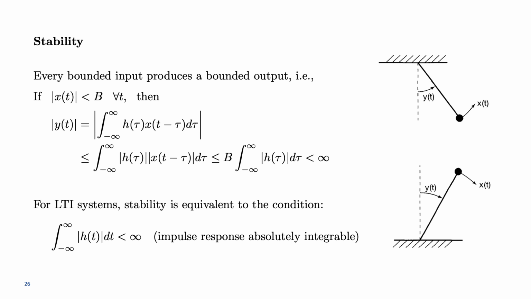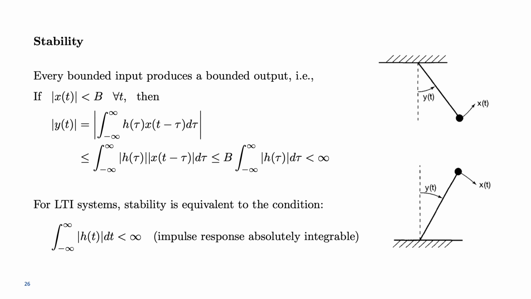In this slide we see a simple picture that gives us some intuition behind what we mean by a stable or unstable system. We have a pendulum on top. In that case, imagine that x of t corresponds to pulling a ball away from the rest position. You do that, and then the pendulum will start oscillating, but the system is stable.